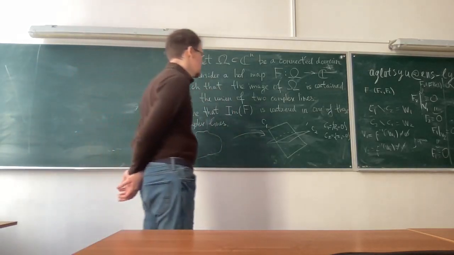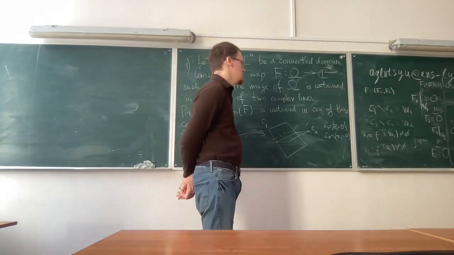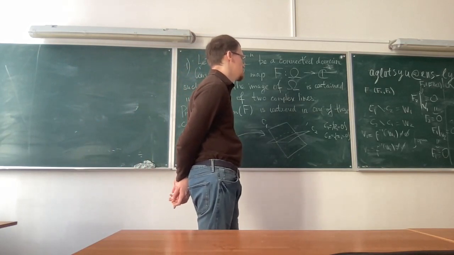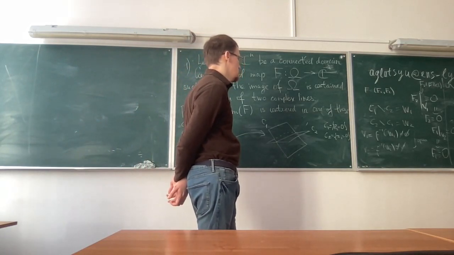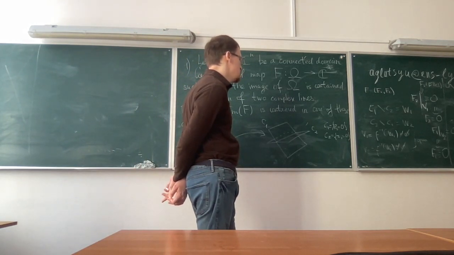Yes, so there is always a possible case that the lines are coordinate lines, and then V1 and V2 are open and non-empty. On V1 we have F2 equals 0 identically, and therefore by analytic continuation F2 equals 0 everywhere.